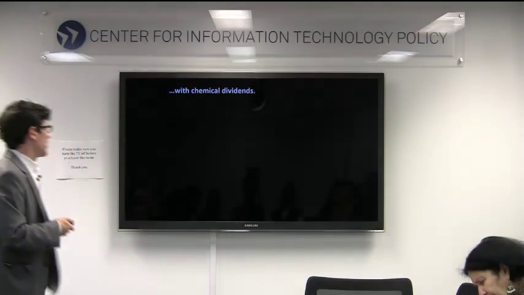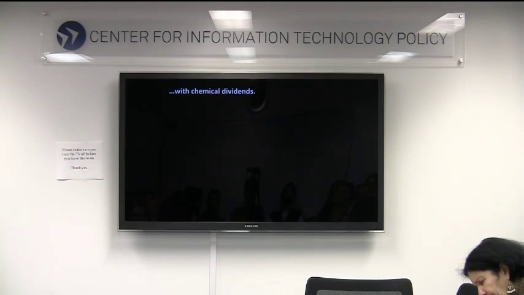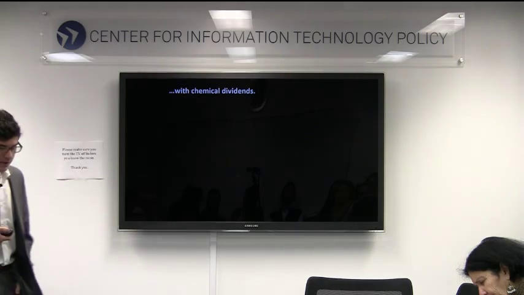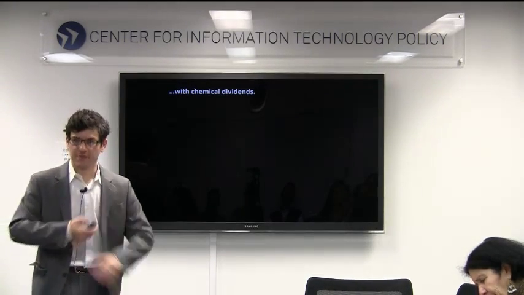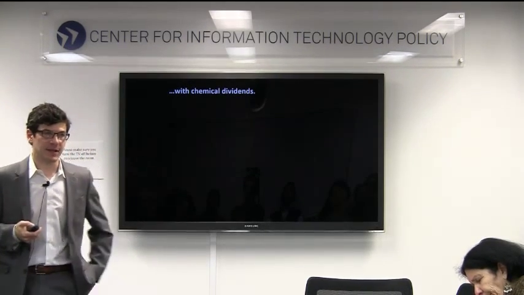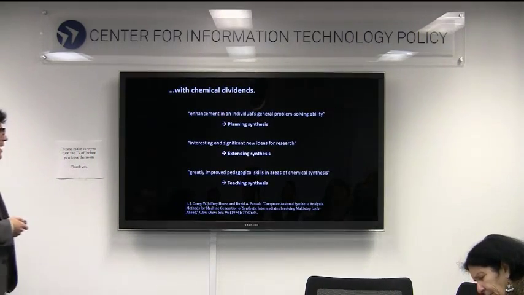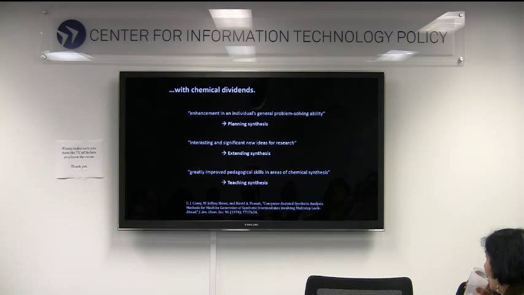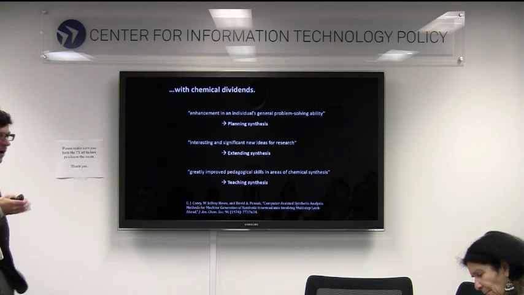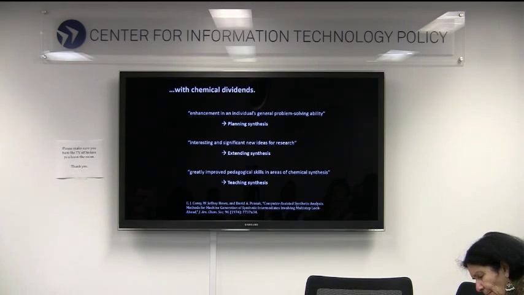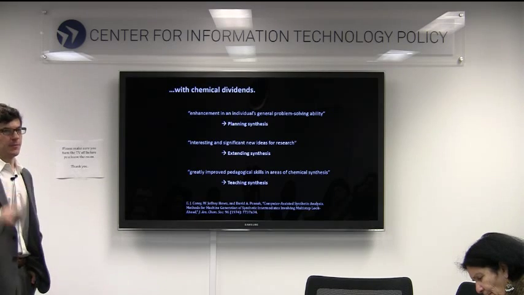The Lhasa group also described chemical dividends that they got out of this project in the process of making these flowcharts and translating them into Chemtran. They got better general problem-solving ability through making these flowcharts, so they got better at planning syntheses. They discovered interesting and significant new ideas for research.